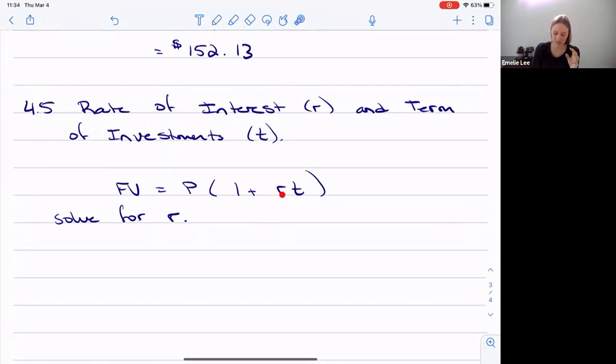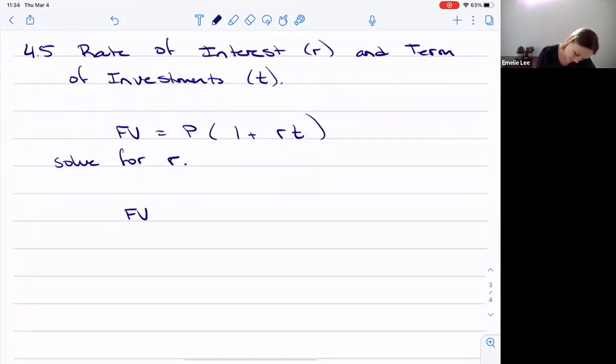Whether you want to have it derived like we're about to do and then just use that R formula if you ever had to solve for the rate, that's fine. Same thing for T. As long as you're able to show me once how you found this general formula for R, like I'm about to show you, then you can just use it.